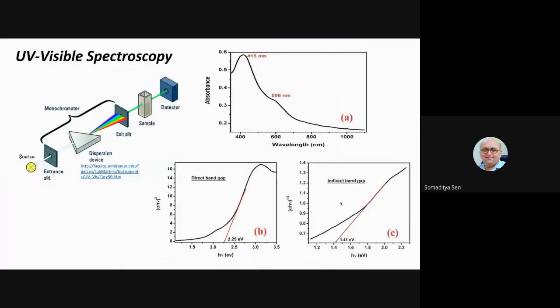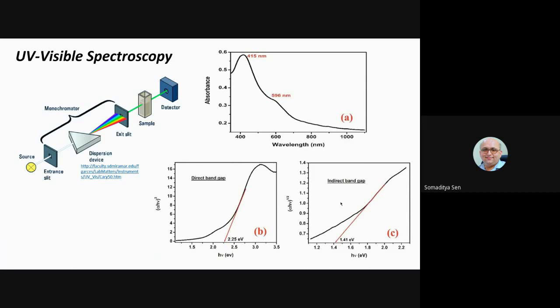Okay, so UV-visible spectroscopy has a source, and then there's an entrance slit. The light is streamlined here. Then we have a dispersive device. It can be a prism or a grating, which disperses the white light or the UV-visible light into different colors. Then we have an exit slit which chooses the frequency.